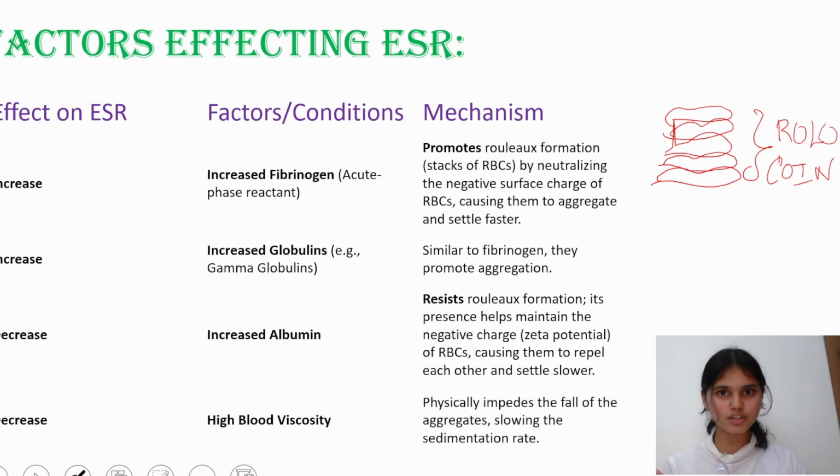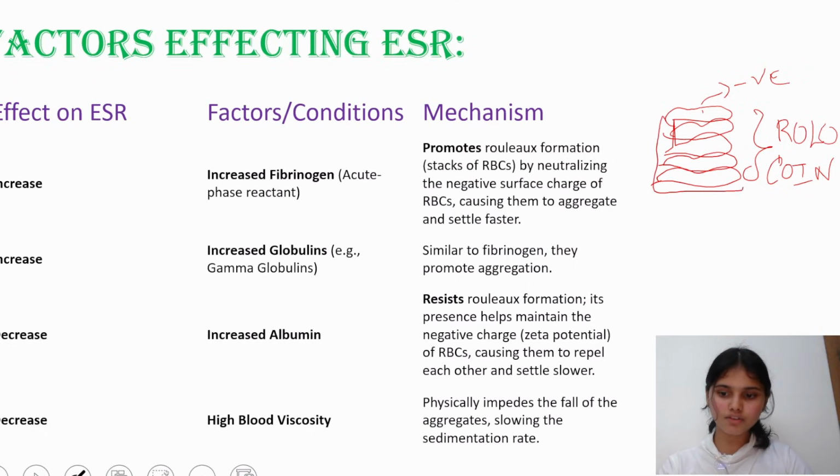Increased fibrinogen increases the ESR because it promotes rouleaux formation by neutralizing the negative surface charge of the RBCs. Usually, the surface of the RBC has a negative charge. Because of increased fibrinogen, it neutralizes the negative charge and brings it back to zero, causing them to aggregate and settle faster.